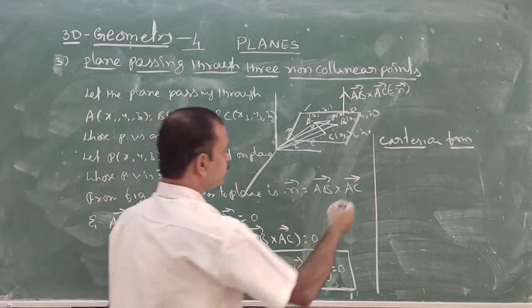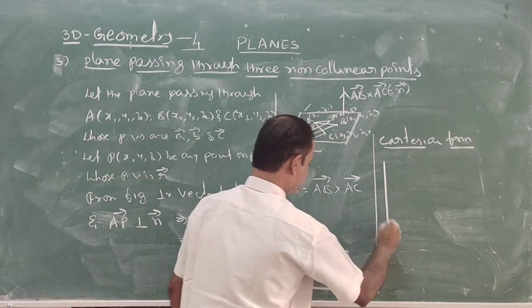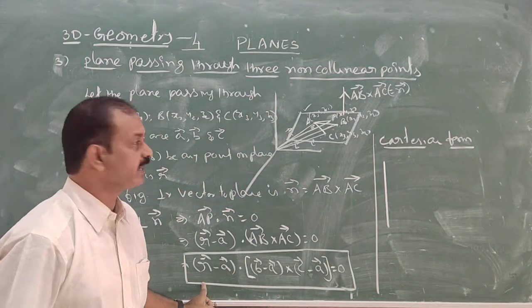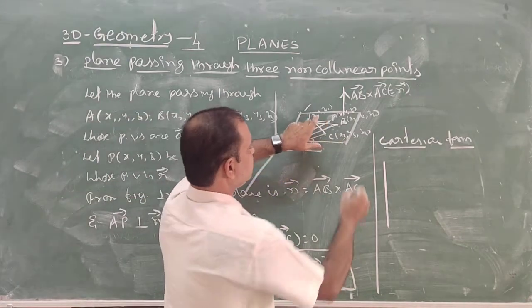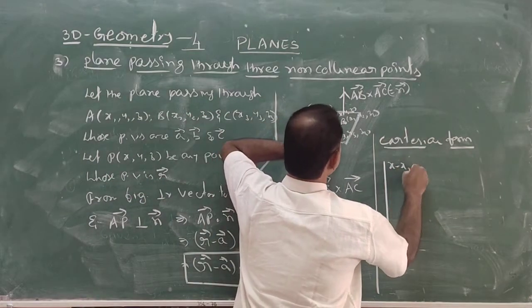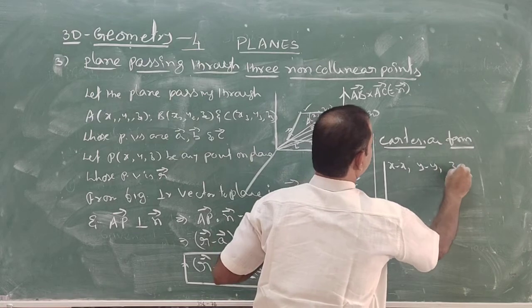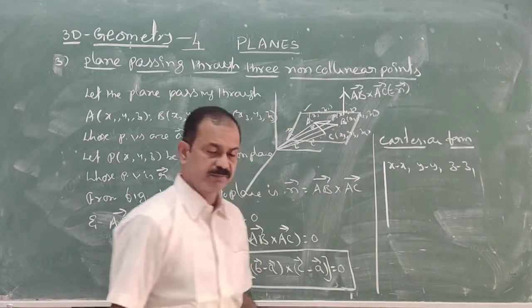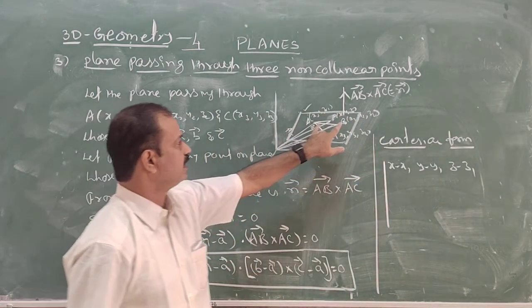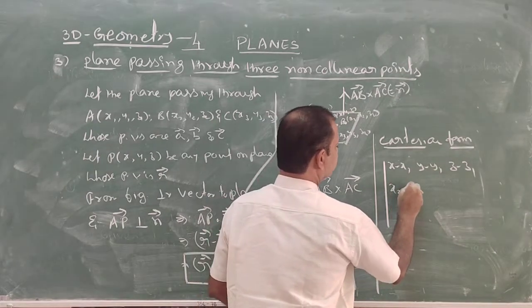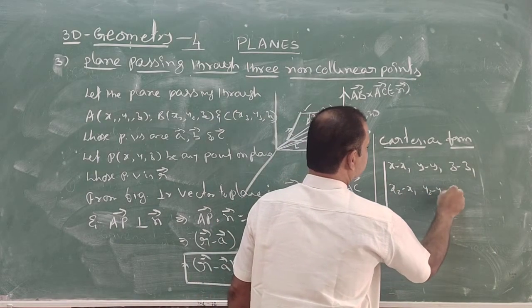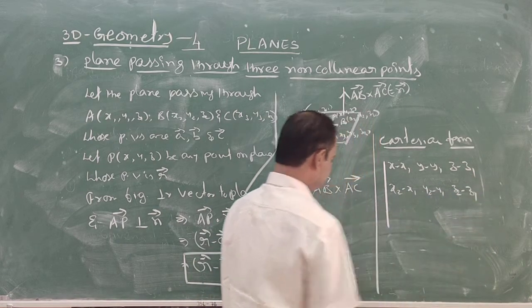What is the determinant? First row, R minus A, that means x minus x1, y minus y1, z minus z1. Second row, B minus A: x2 minus x1, y2 minus y1, z2 minus z1.